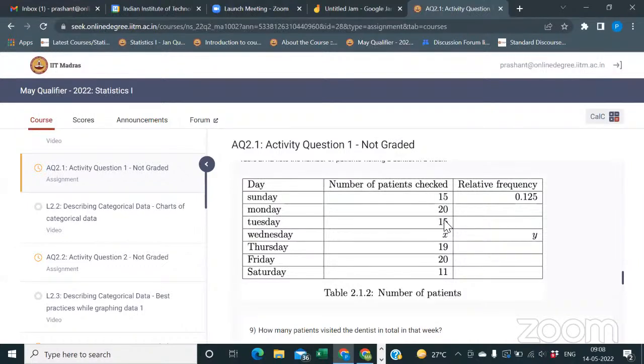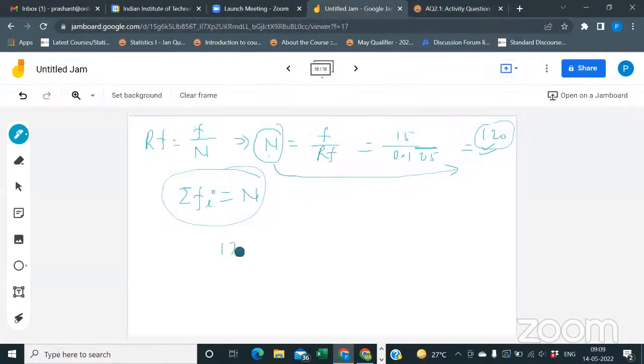Sir, add the sum and subtract from 120. So the value of x is 120 minus the sum of all the values. Yes sir. Now x is your 20.